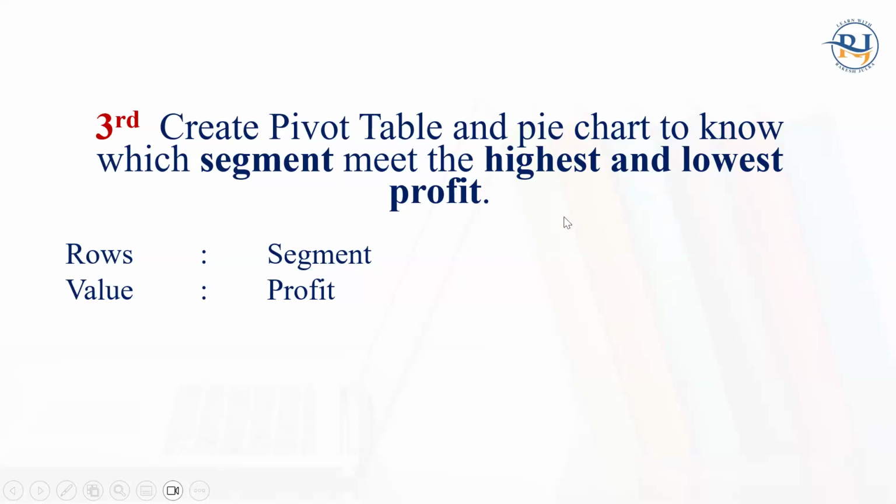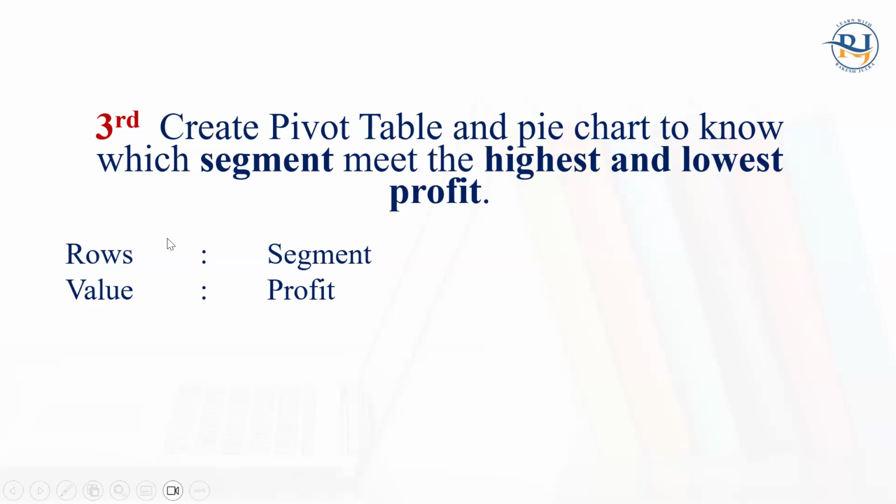So highest profit and the lowest profit. We want to know. So how can we know that? There are different segments, and we want to know in which segment our company or organization is getting very good profit.